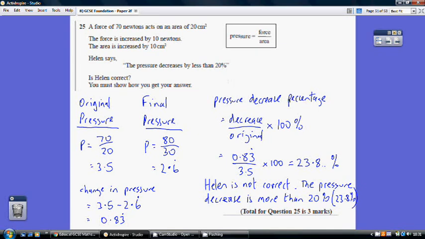To work out a percentage decrease, you divide the actual decrease itself, so the 0.83 recurring, by the original pressure of 3.5 and multiply this by 100 to turn it into a percentage. And this gives us 23.8%. So Helen is not correct. The pressure decrease is not less than 20%. It is more than 20%. It is 23.8%.